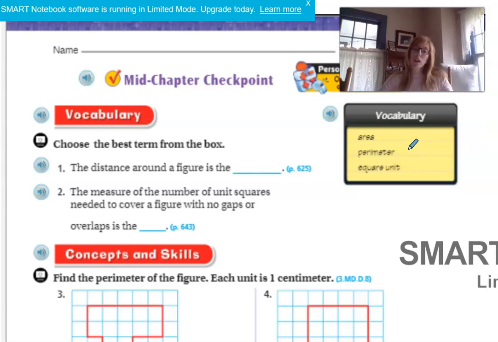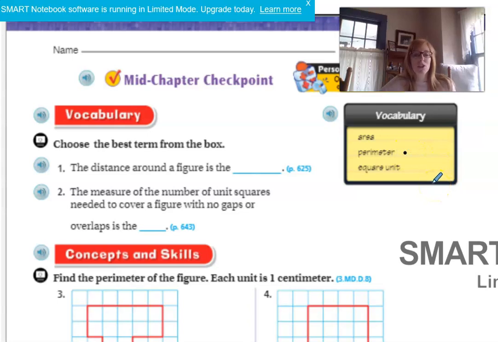So area is the area rug, and then perimeter is the distance around something. And then we have square units, which is the measurement that you use, the number of little units you use to measure area. Okay, so it says number one, the distance around a figure is, you are correct, the perimeter.